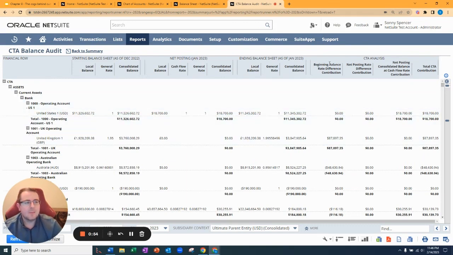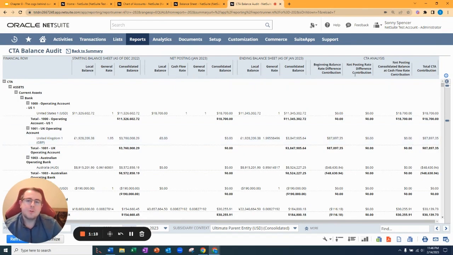That's going to give us our beginning balance rate difference contribution. And we can see here for this particular account, the general rate type is close to 2 in the ending balance sheet and 1.95 for the opening balance sheet. That lends itself to a beginning balance rate difference of 87,000 US dollars.